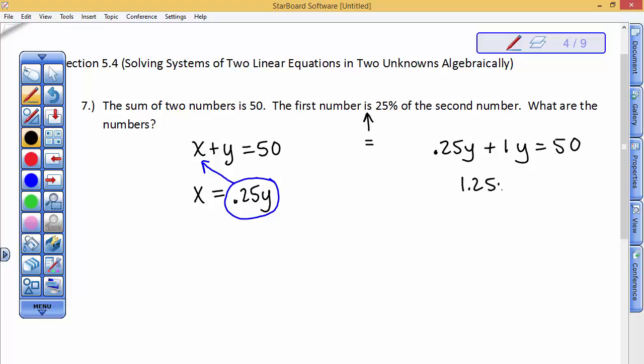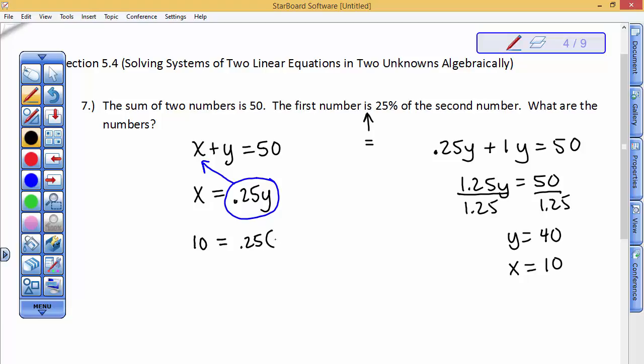And then when I divide both sides by 1.25, I get y is equal to 40. Remember, the sum of the two numbers is 50, so I can say x is equal to 10 because that's got to add up to be 50. And then I'm going to say, does x, which is 10, turn out to be 25% of y, which is 40? It sure does. And so that checks as well.